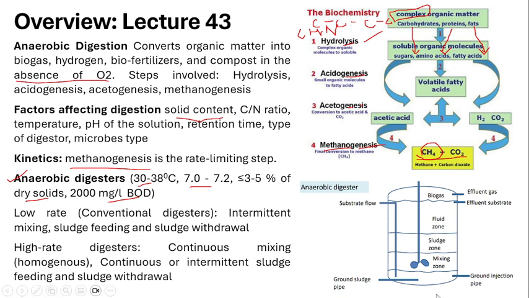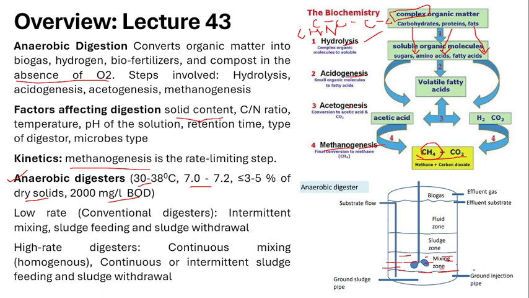So this is the figure of an anaerobic digester. In this one, we are allowing the sludge to pass through, and a mixing zone is here. Why is mixing important during digestion? Whatever sludge is present at the bottom should not be left unreacted. To ensure homogeneity, mixing is very important.